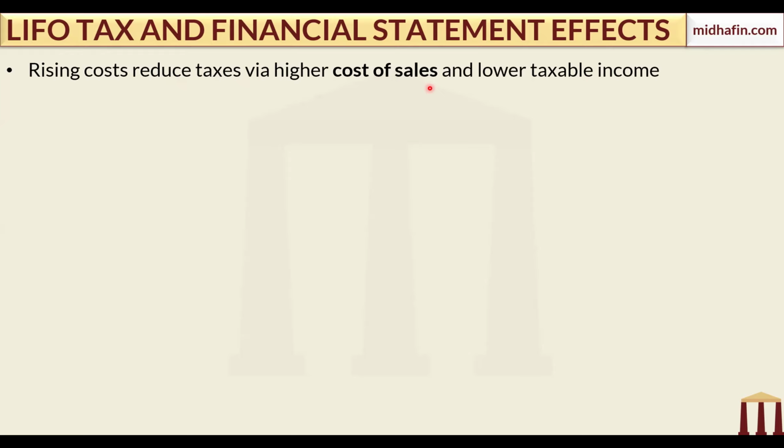In an inflationary environment, when prices are rising, when costs are rising, firms may choose LIFO because LIFO is assigning the cost of sales a higher number based on the recent costs. So cost of sales becomes higher, gross profit becomes lower, and when gross profit is lower, what will happen to the taxable income? Obviously, it will be lower.